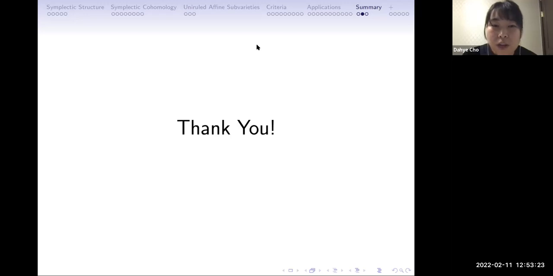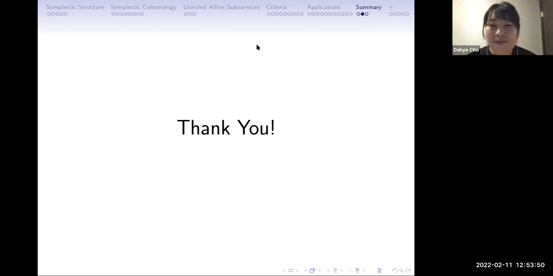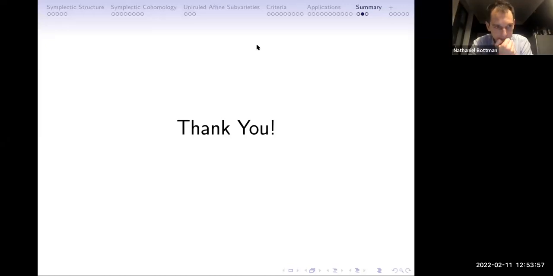The theorem I had is a stronger kind of uniruledness: for every point, we don't need a generic condition. Literally every point, we get a line. I see, so that is a difference. Okay, thanks.